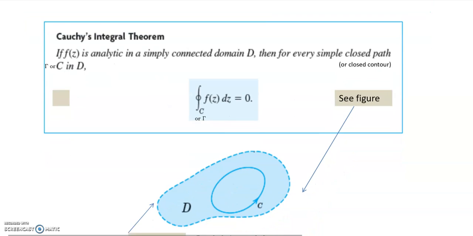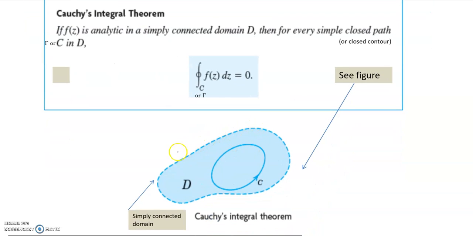Okay, how? You see here, this is the simply connected domain D. What is C? For every simple closed path C, this is our C. Suppose we find the integration over this path for this function, then the value is 0.